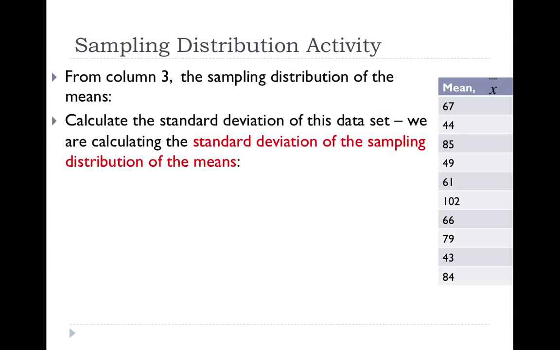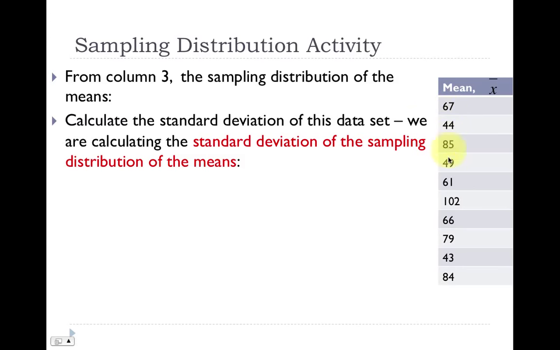Okay, again, there's column 3. Let's calculate the standard deviation of this data set. We're going to go back to our calculator and put the data in a list, which it already is, and look at the value for the standard deviation when we run 1-Var Stats. This is basically the standard deviation of the sampling distribution of the means.